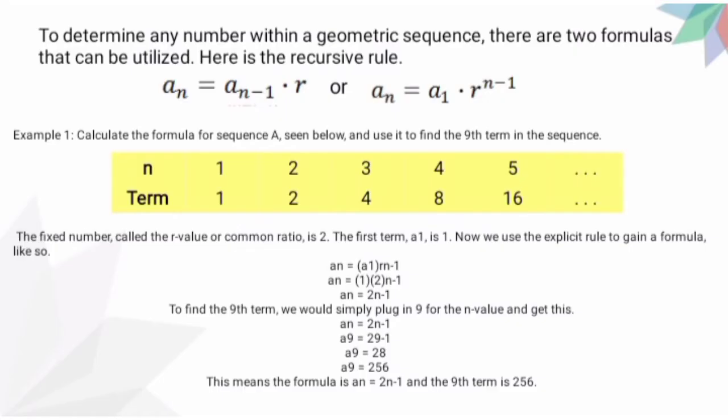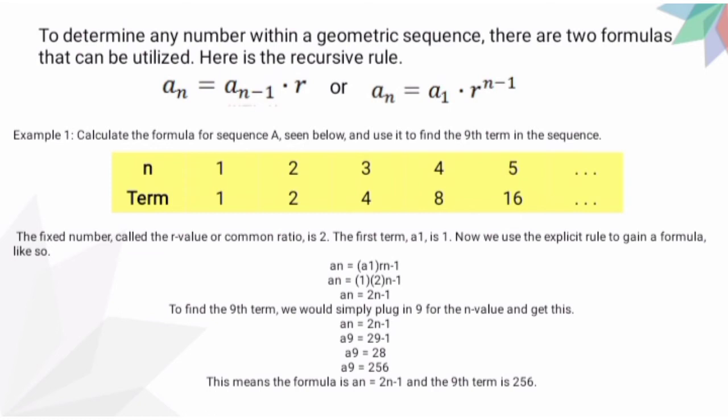To determine any number written in a geometric sequence, there are two formulas that can be used. Here is the recursive rule: an equals an minus 1 times r, or an equals a1 times r to the power n minus 1.